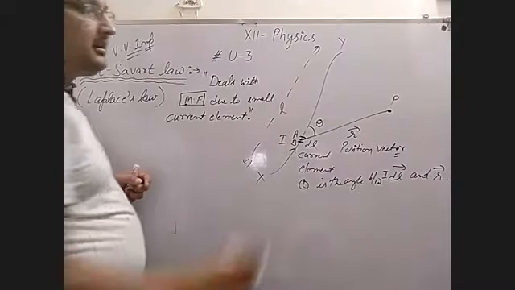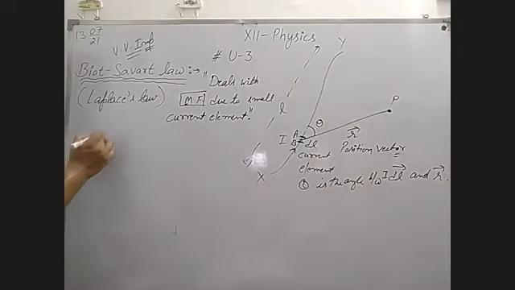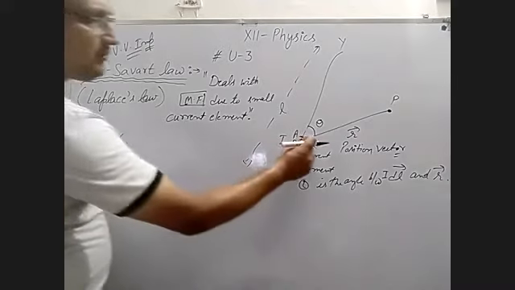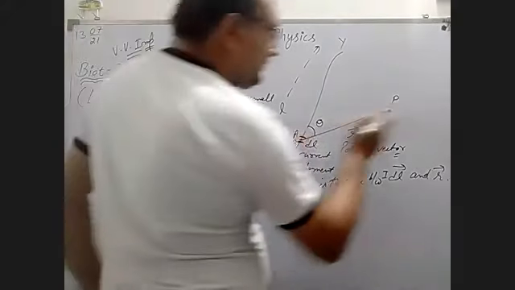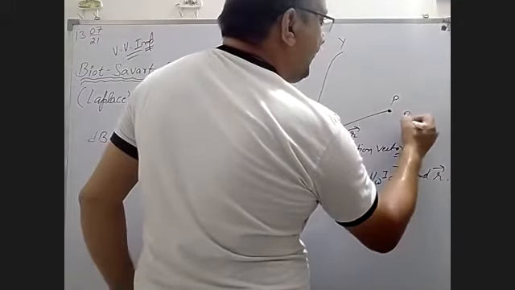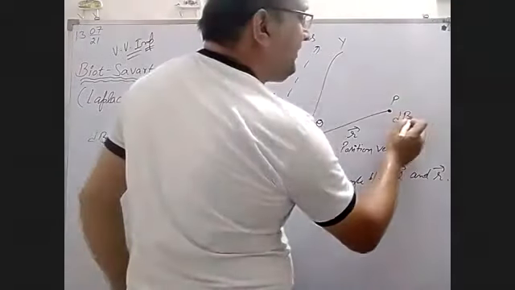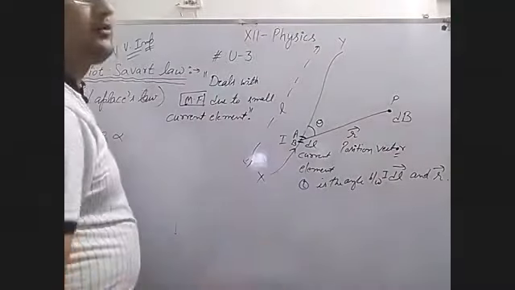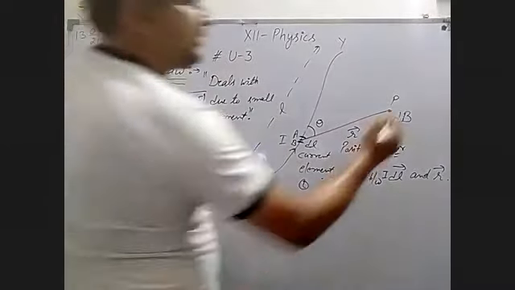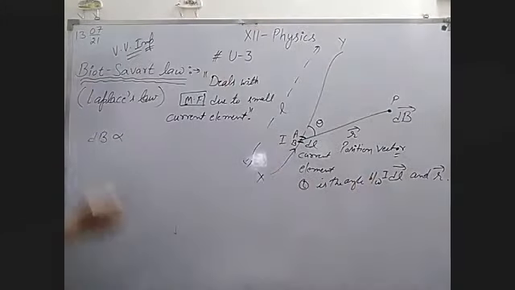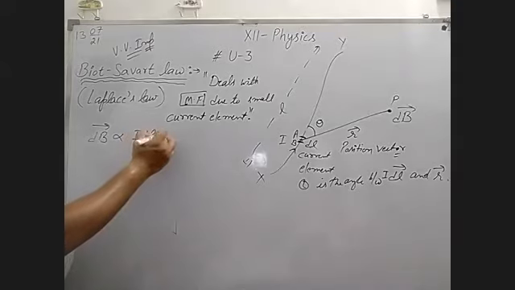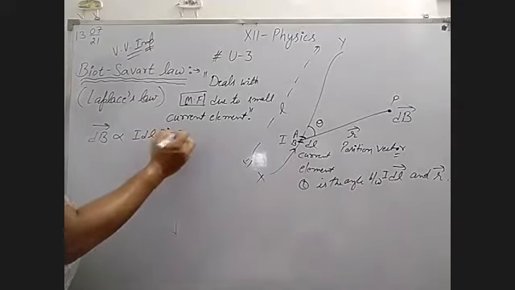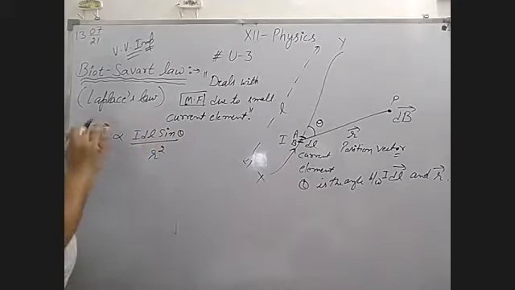Here you can see the magnetic field is directly proportional to the small current element dl. So here the value of magnetic field is not B, it will be a small part of B, dB. And dB is directly proportional to I dl sine theta upon r square.